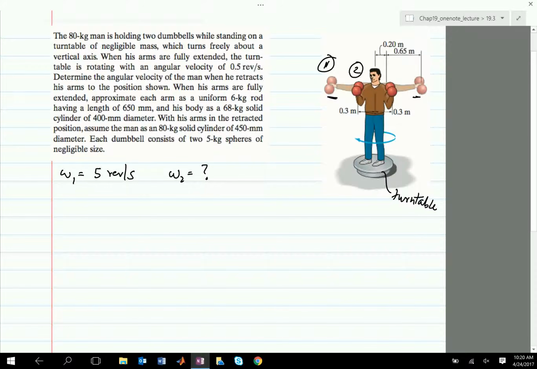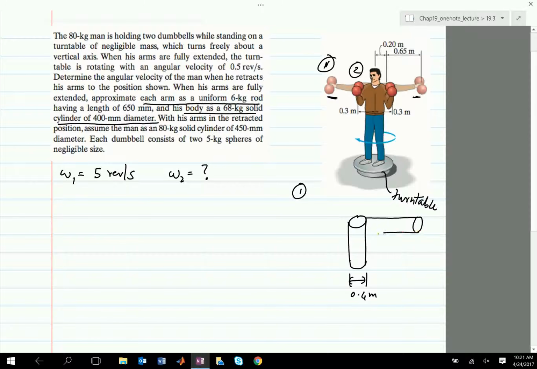So when he is in position 1, what this means is his body is a 68 kg solid cylinder. That's the man's body. It's a 68 kg cylinder with 0.4 meter diameter. Each arm is a uniform 6 kg rod.